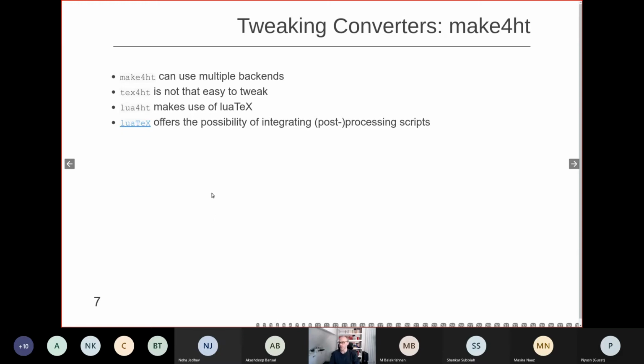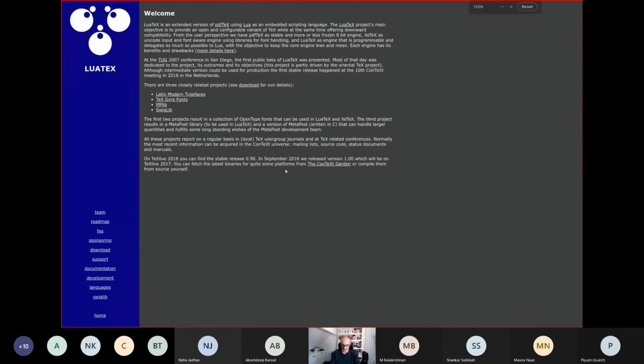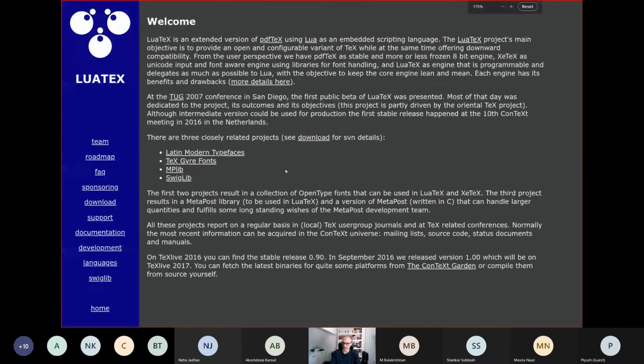And I've linked to there, Effective LuaTeX, and it is in principle a way to add lightweight scripting to TeX, and that can be particularly exploited for conversion.